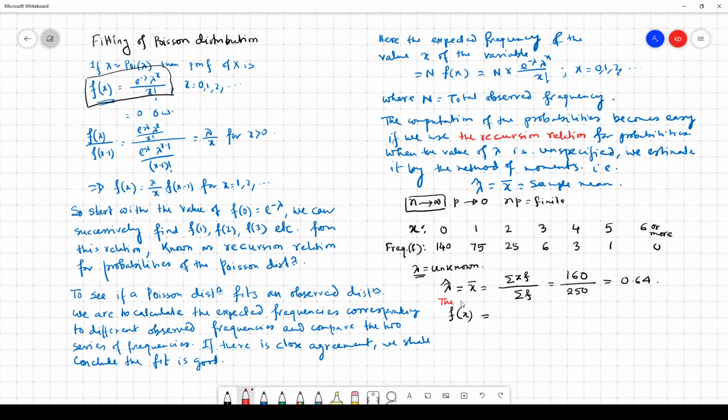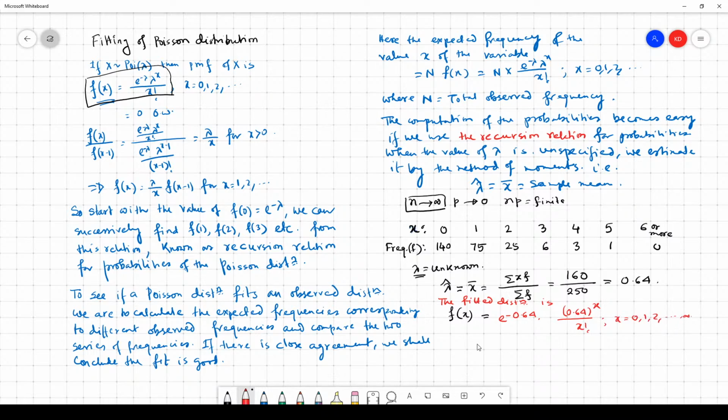The fitted distribution is e to the power minus 0.64 into 0.64 whole to the power x by x factorial, and x is equal to 0, 1, up to infinity.